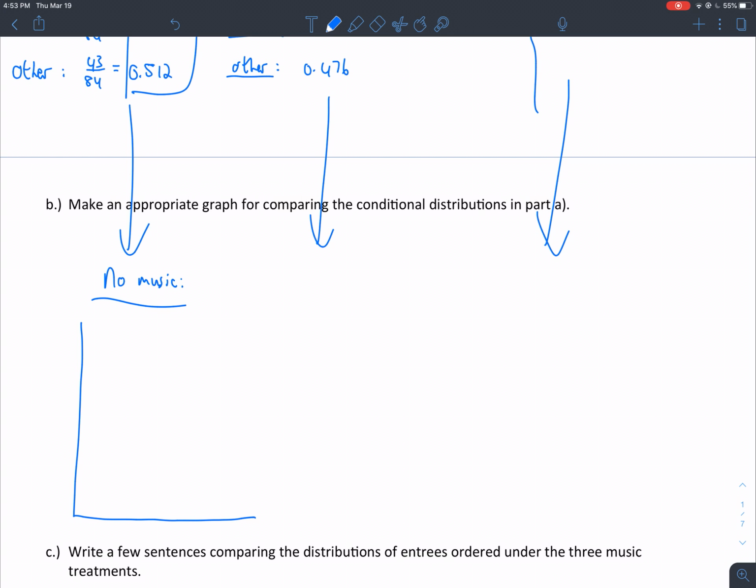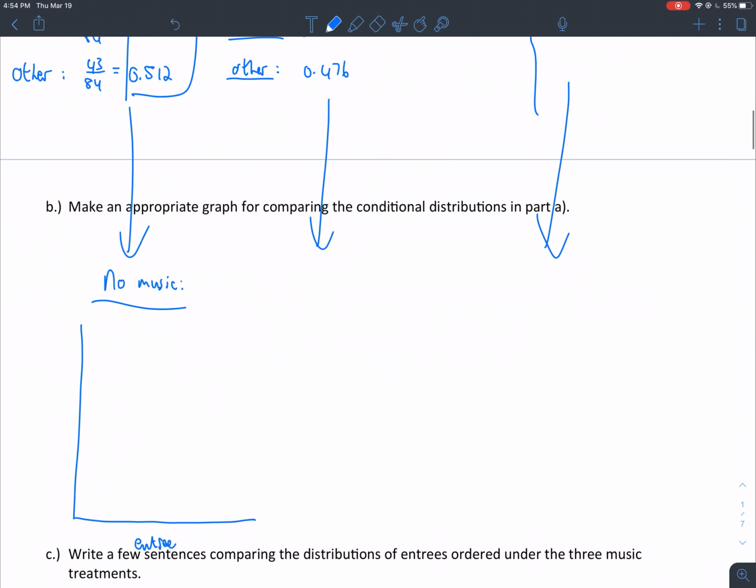So right here I would put, let's say, my entree, and right here I would put proportion or percent. It's really up to you. Okay, I think let's do percent. That's a bit easier to read. Percent goes here, and then we can do a graph for the conditional distribution.